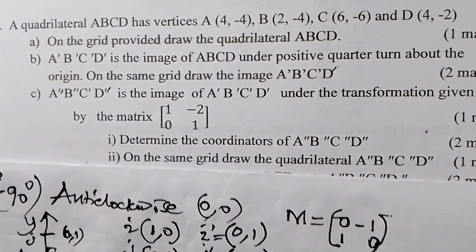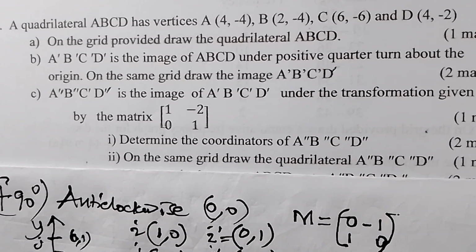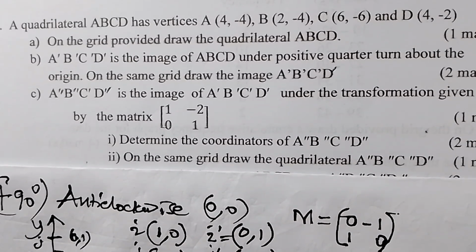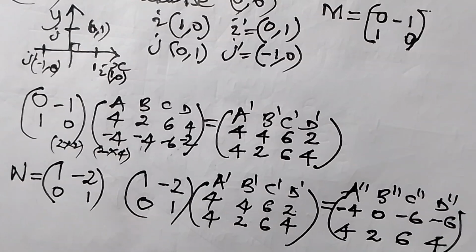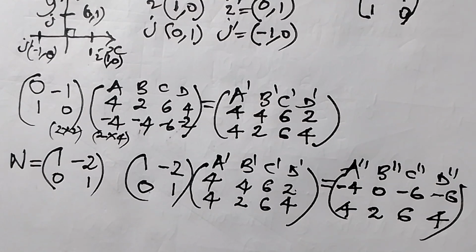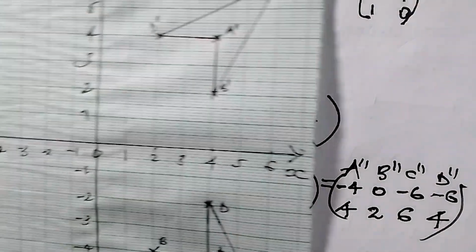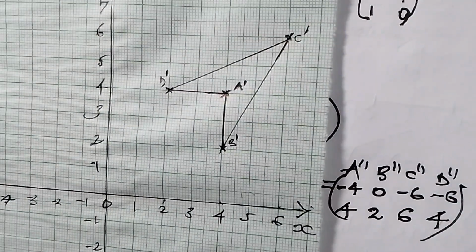In the next question, you're told on the same grid, draw the quadrilateral A2, B2, C2, D2. Now that we have the points, we come back to our grid or our graph paper.